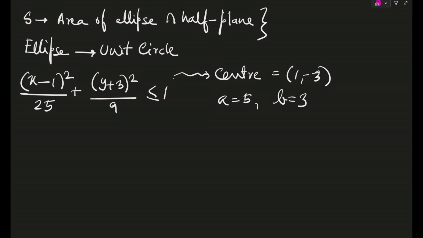So guys, right now what we are going to do is we will introduce new coordinates. Okay, and very simply that can be done by substituting u equal to (x minus 1) by 5 and v equal to (y plus 3) by 3. So basically we can write this in terms of u and v. You can imagine that there is a coordinate system x comma y which contains the original equation of the ellipse.